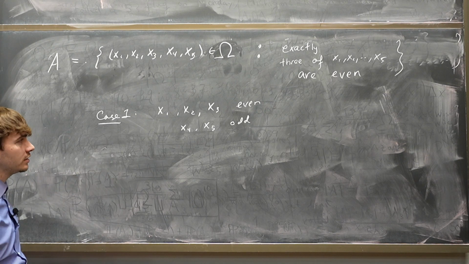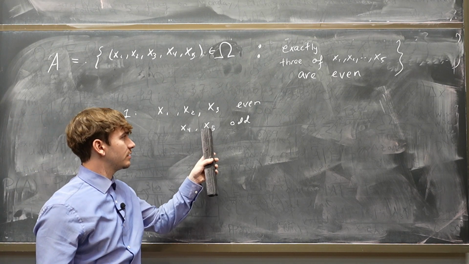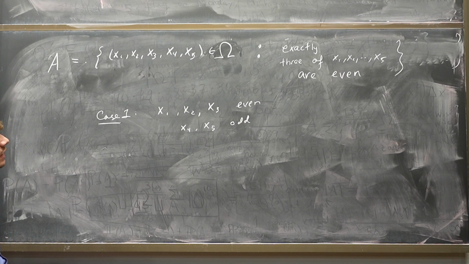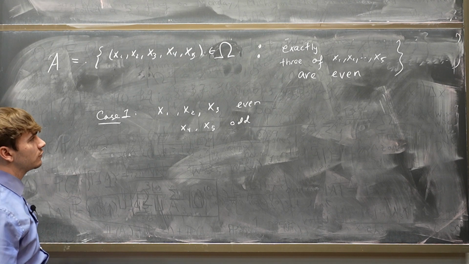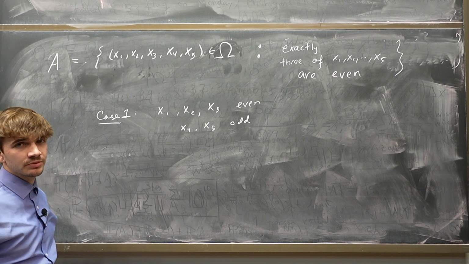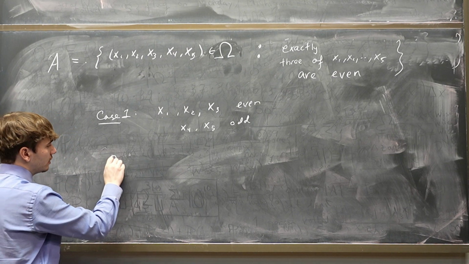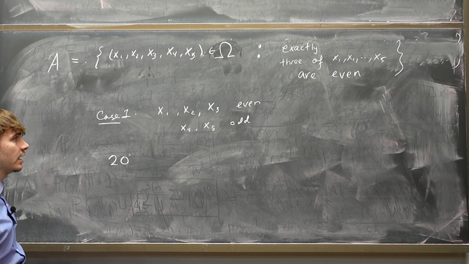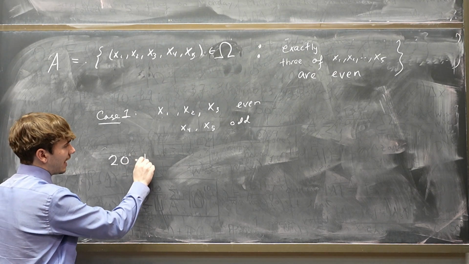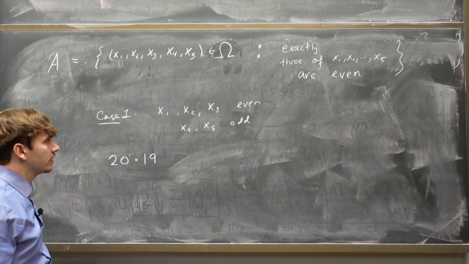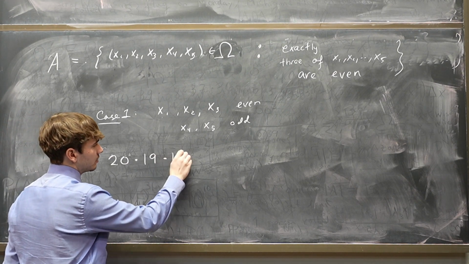So for case 1, my first 3 numbers are even and my final 2 numbers are odd. So I need to figure out how many possibilities there are. If I choose the first number to be even, there are 20 possibilities for choosing x1. Then for x2, there are 19 possibilities. For x3, there are 18 possibilities.